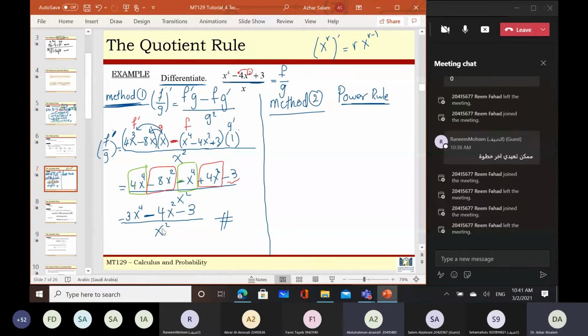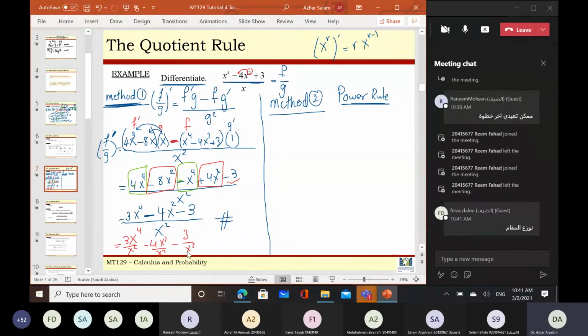ممكن تختصر أكثر من كذا. ممكن توقف لحد هنا، وممكن أيضا as an extra step تختصر x to the power 4 divided by x square، وبعدين minus 4x square divided by x square minus 3 divided by x square.